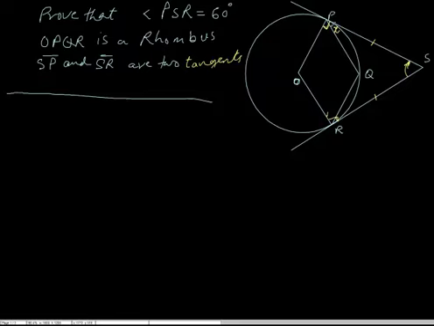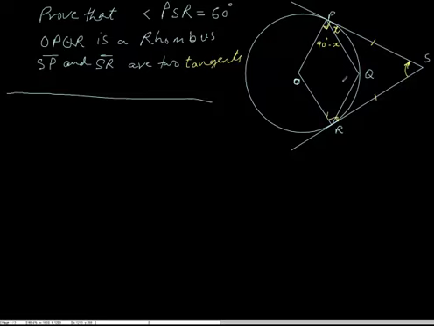Then the inside angle of this rhombus will be 90 minus x, because the angle is x degrees.